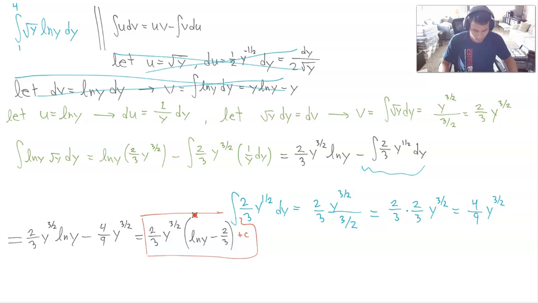Okay, so now we're going to go back to green, and we're going to insert the bounds here. So 4 and 1, that's your bounds.